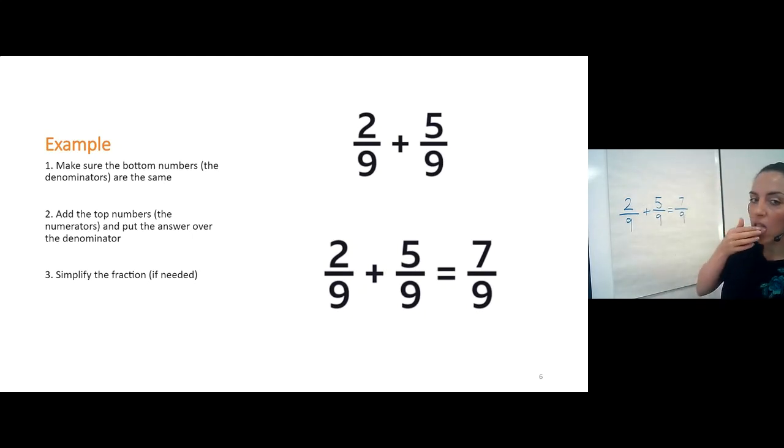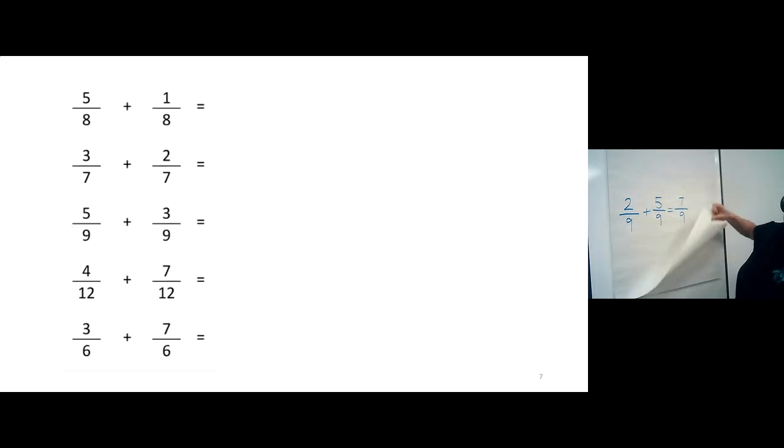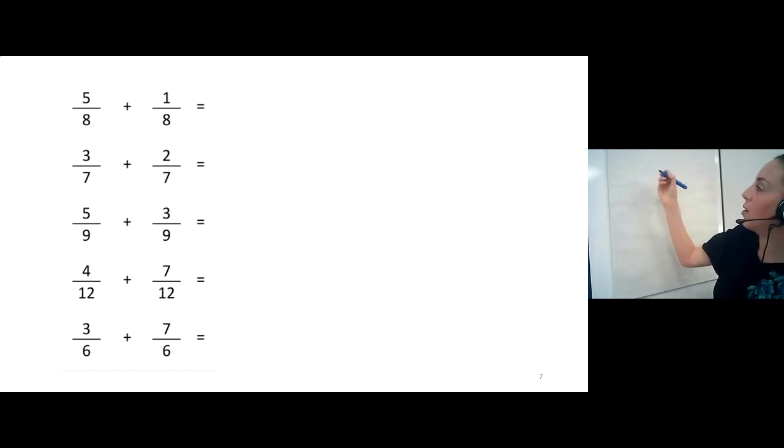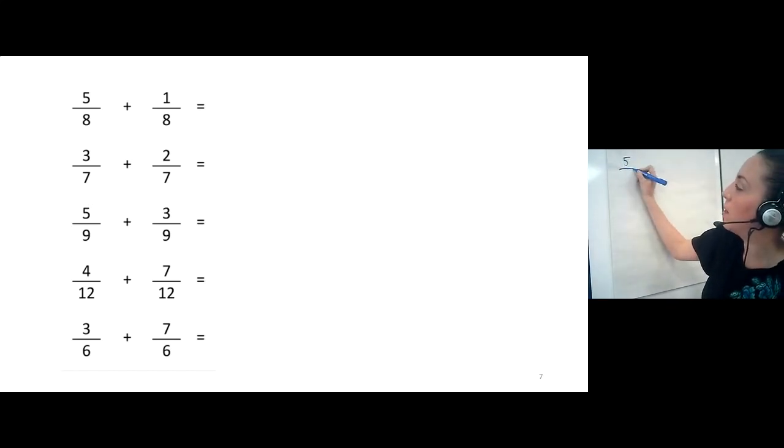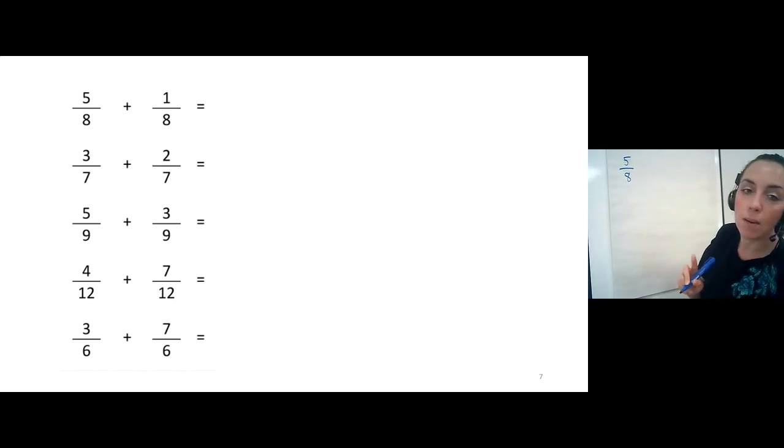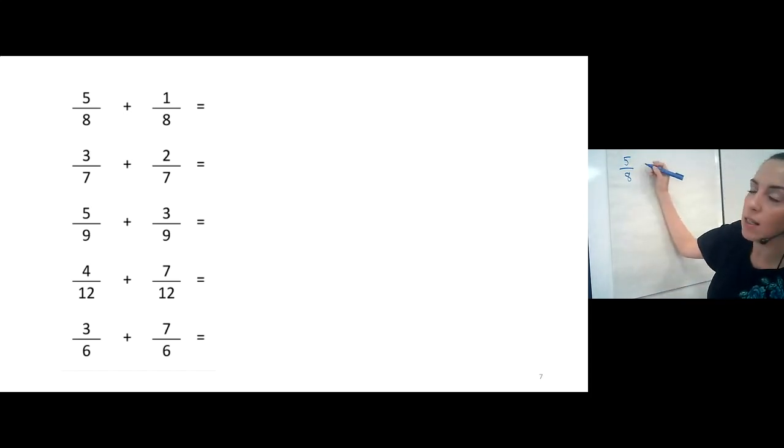Now, slide 7 has 5 examples for you to have a go at. Because as I said, I'm going to pass the book over to you a little bit today. I'm going to read out the examples, so if you want to have a go, you can write them down in case you can't see slide 7 at the moment. We've got 5 over 8 plus 1 over 8.